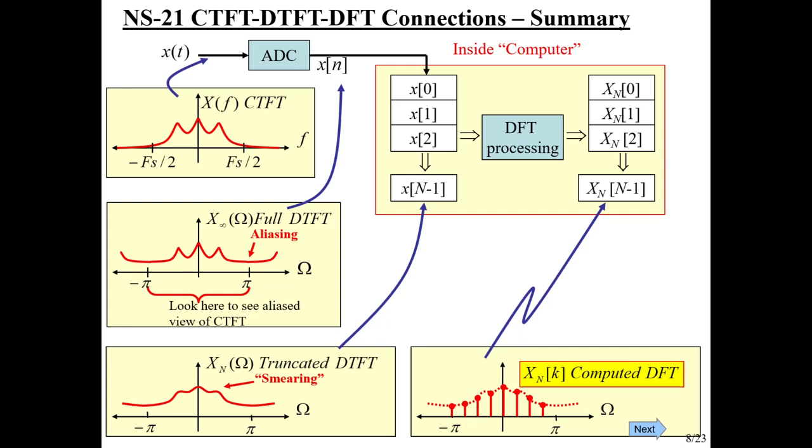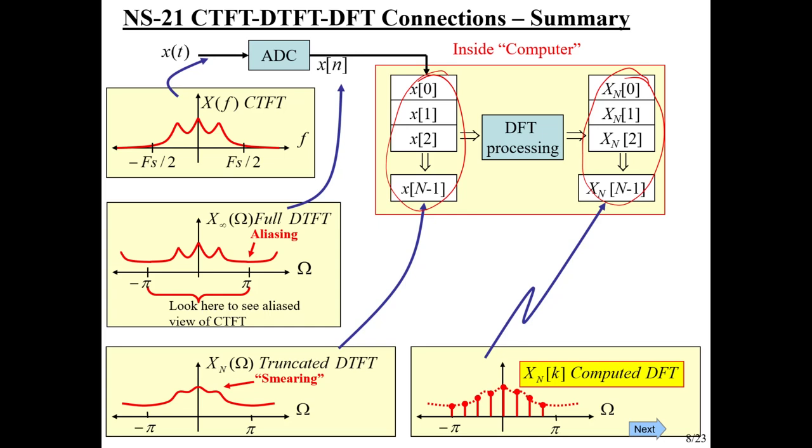The spacing would be 2 pi, this distance, divided by N, the number of points that we end up computing. And so in this example, it looks like I started with 8 samples and I computed 8 DFT points. That's very, very small compared to what we do in real life. Normally we do thousands of DFT points, but it's hard to see those in a little cartoon version.